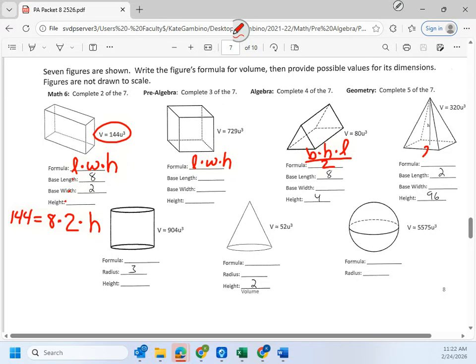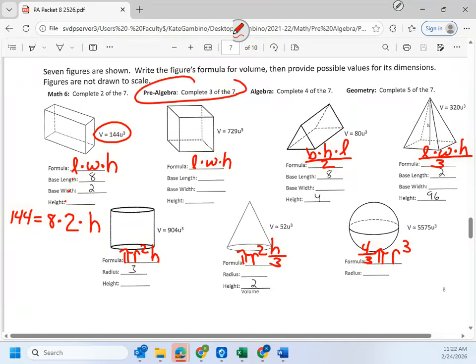For a pyramid, length times width times height divided by 3. A cylinder is pi r squared times h. A cone is pi r squared height divided by 3. And our sphere is 4/3 times pi r cubed.